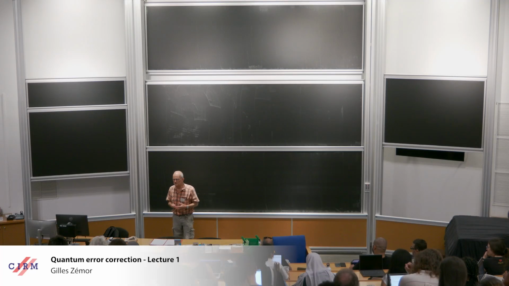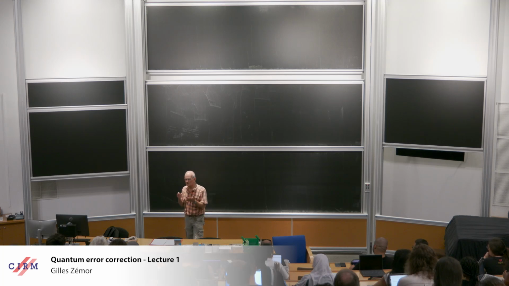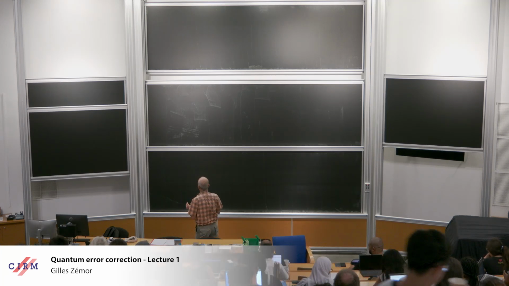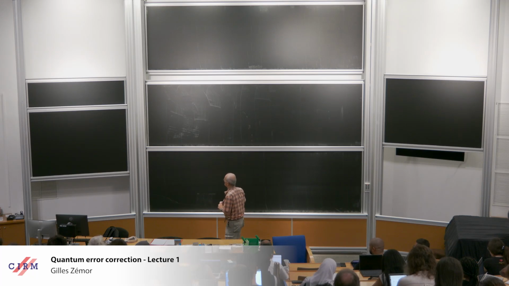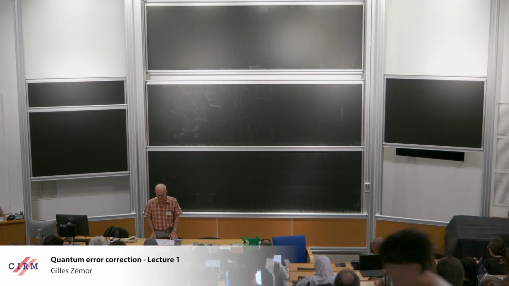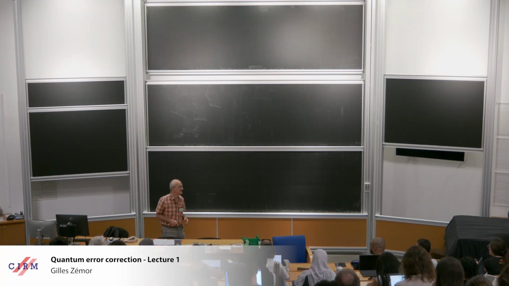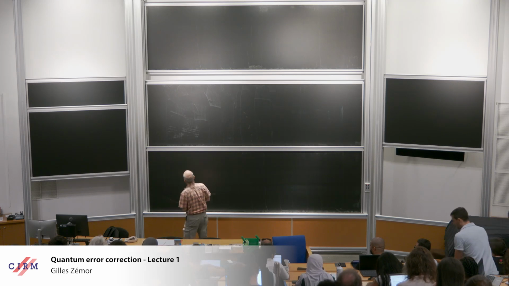You don't have to, but classical coding does shed a lot of light on quantum coding. Quantum coding borrows a lot from classical coding. So I would like to start with a couple of notions from the basics of classical coding, and then we will see how all this gets transposed into the quantum setting.